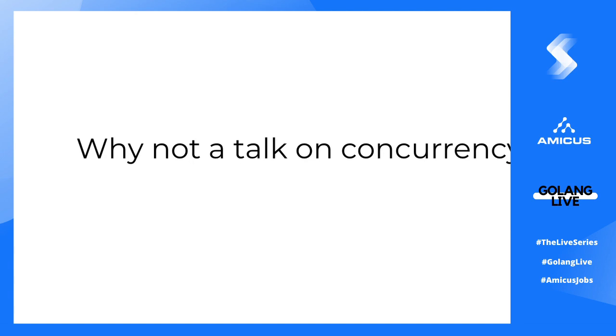It allows you to not communicate by sharing memory, but share memory by communicating, or was it the other way around? Anyways, I tweeted that today, so you can check it out. But anyways, channels are the main mechanism to tackle thread safety in Golang. But I believe it's not sufficient. There are cases where channels are not enough to make a working and resilient web application. And that's where other mechanisms come into play.